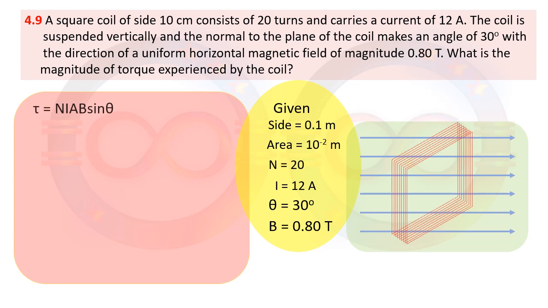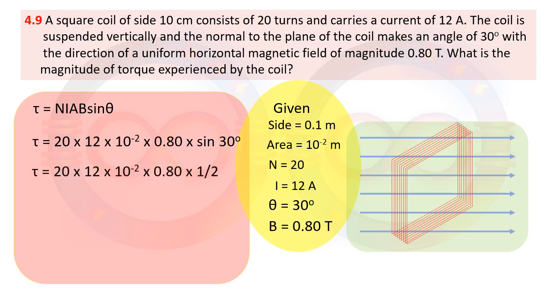If we apply the formula of torque, that is nothing but N into I into A B sine theta, we put all the values, and after simplifying them, we will be getting 0.96 Newton meter.